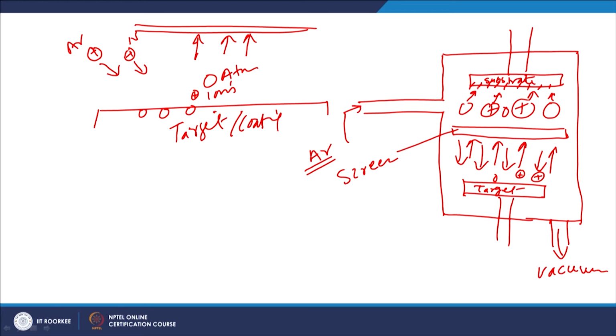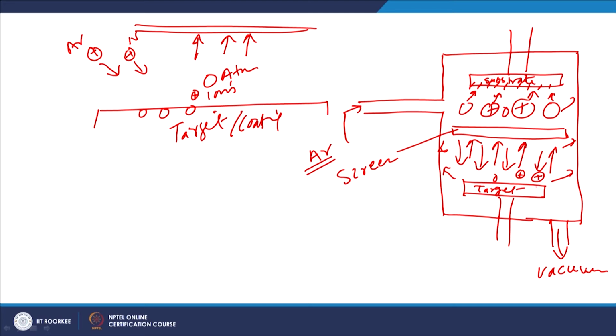Since there is not much control over the direction in which these ions and atoms will be moving, there will be very high tendency that whatever the atoms and ions are being released, they will get deposited in the inner wall of the chamber as well, and that is why the deposition efficiency of this process is very less.